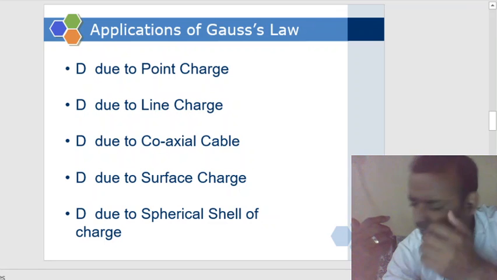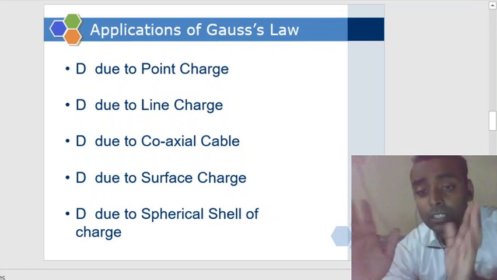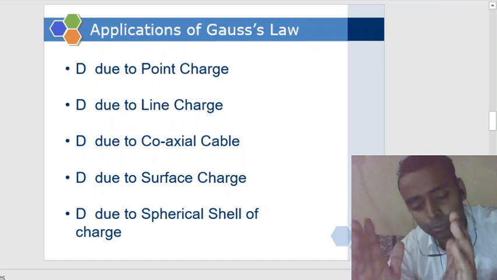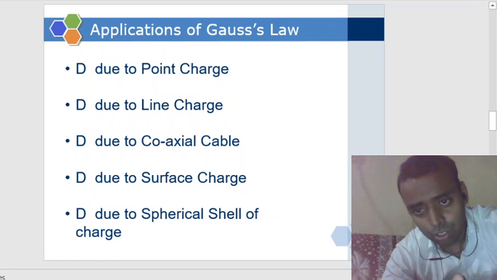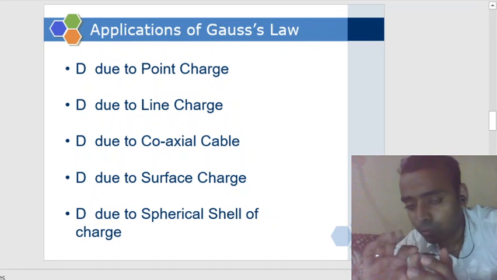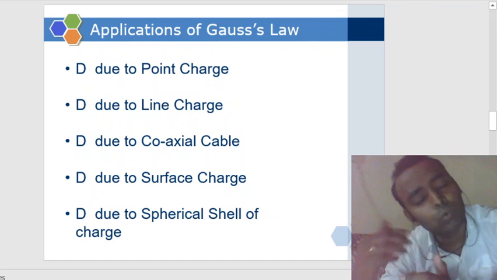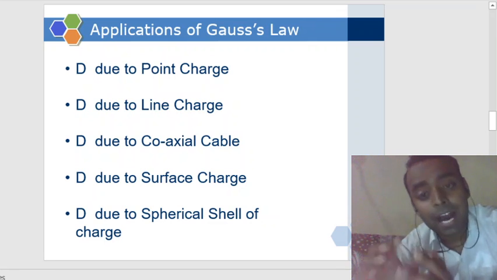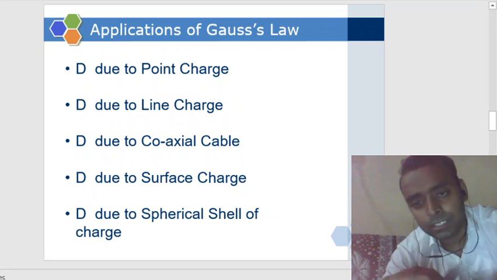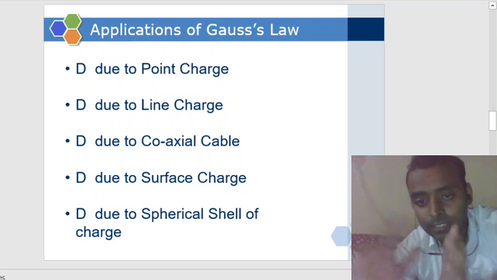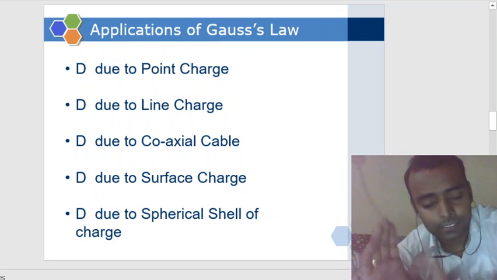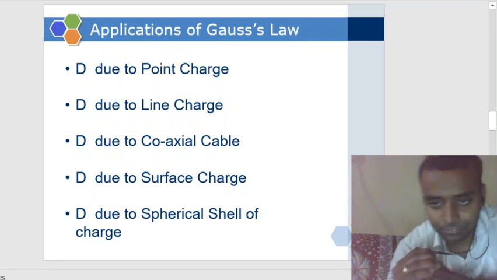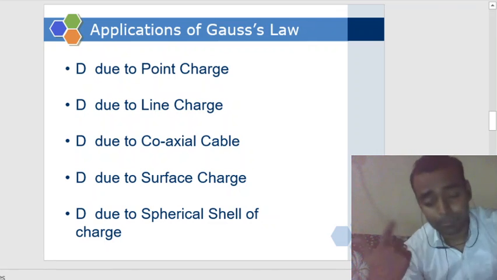Whatever the charge distribution, symmetrical or asymmetrical, cover it with a Gaussian surface, or closed surface, and equate it to Q, that is, D dot dS equals Q, and you'll easily get D, the electric flux density. Once you get electric flux density, you can easily calculate the electric field intensity by dividing D by epsilon, isn't it? Easy. Yes, of course. So are we done with Gauss's law and its application?